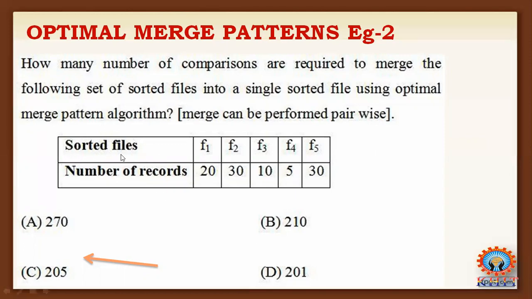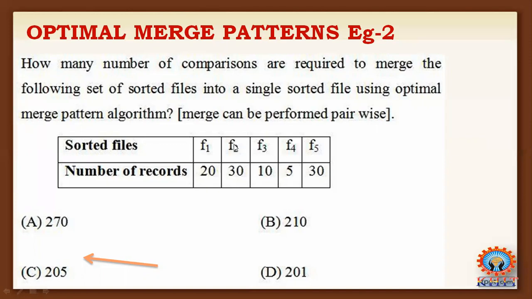The given problem has 5 files, namely file 1 F1, file 2 F2, file 3 F3, file 4 F4, file 5 F5. And each file has its own size. The size of file 1 is 20.